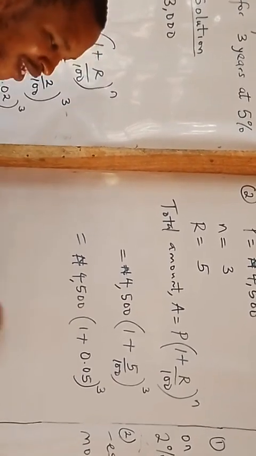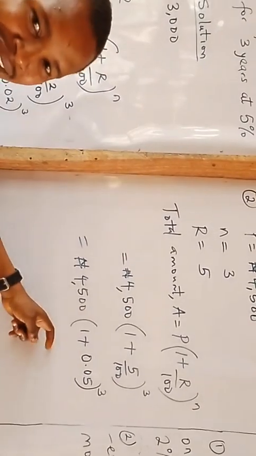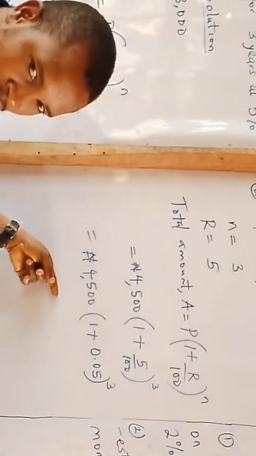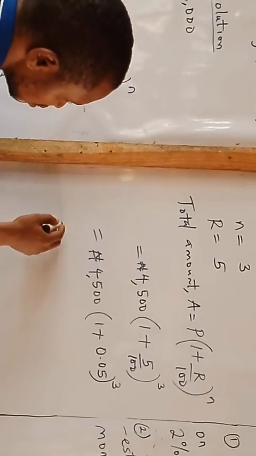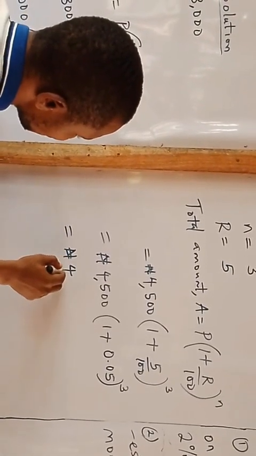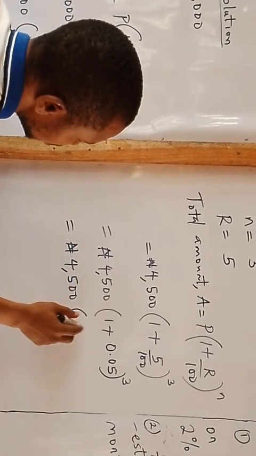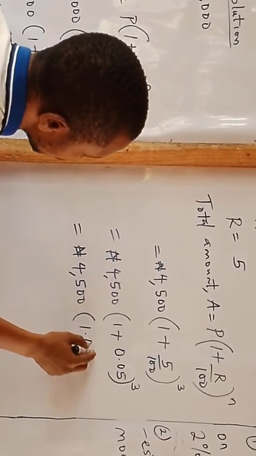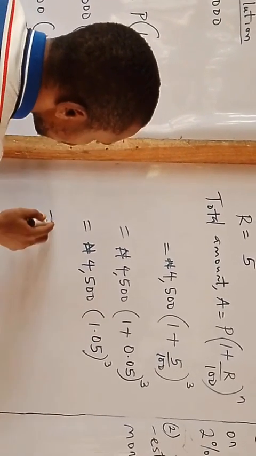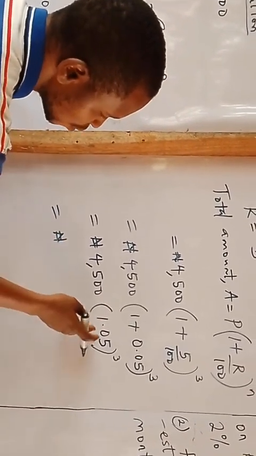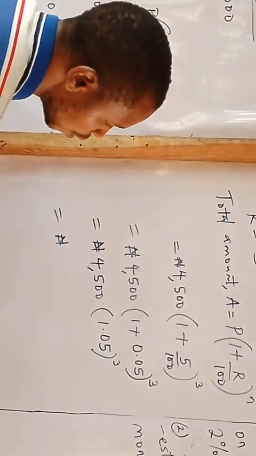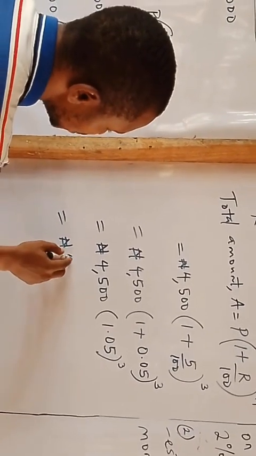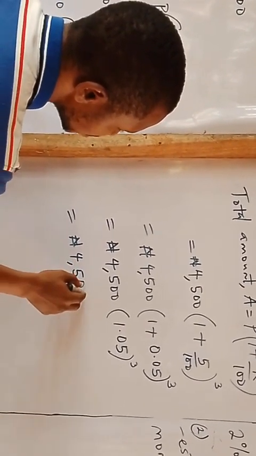Remember that it is only this number within the bracket that is raised to power 3, not all. Take note of that. Using BODMAS. So we are going to have 4,500. By the time we add 1 plus 0.05, we are going to have 1.05 raised to power 3. All you need to do is to press your calculator, 1.05 raised to power 3, or probably you multiply 1.05 in 3 places.